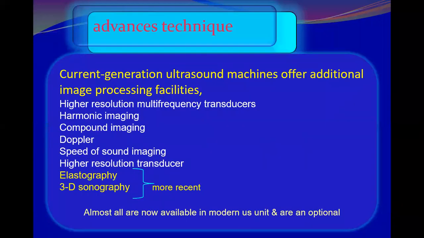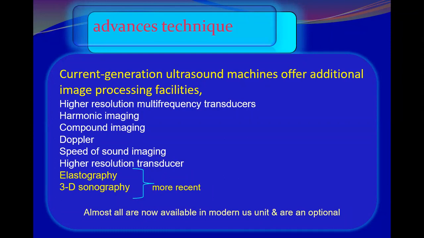And the current generation ultrasound machines offer additional image processing facilities, including higher resolution multi-frequency transducers, harmonic imaging, compound imaging, Doppler, speed of sound imaging, we mentioned the high resolution transducer, elastography, and 3D ultrasound of the breast.